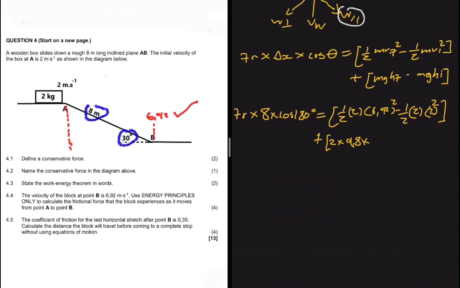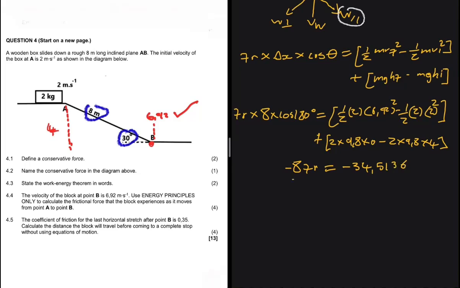So here we're going to have the height final. We're coming from a height of 4, and then we go in here at B where the height is 0. So the height final is 0, and then height initial is the one that is equal to 4. So we're going to get minus 8 frictional force is equal to, and if you compute the right-hand side, you're going to get minus 34.5136.